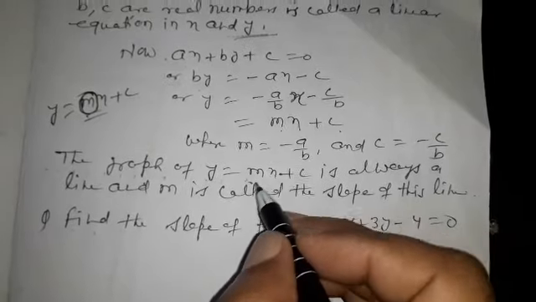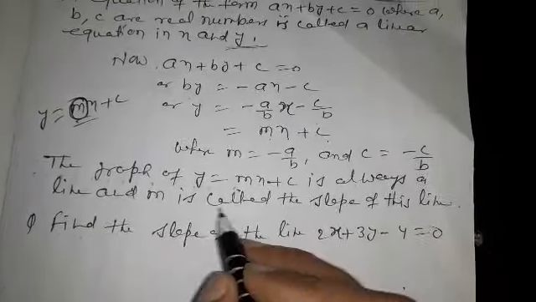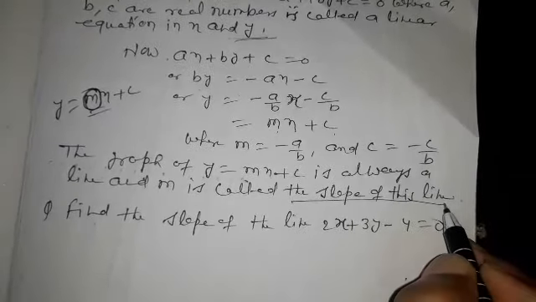The graph of y = mx + c is always a line, and m is called the slope of this line.